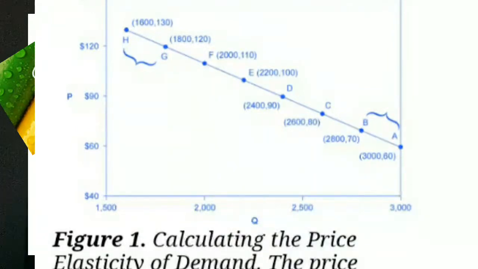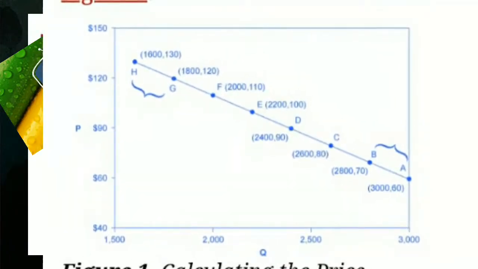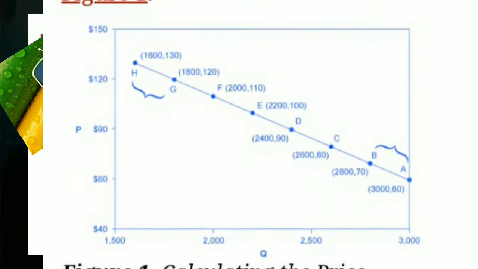We will compute that. That will be 3,000 to 2,800. The price is $60 for point A and $70 for point B. As well as for points G and H. For point G we have 1,800 quantity at $120 per item.